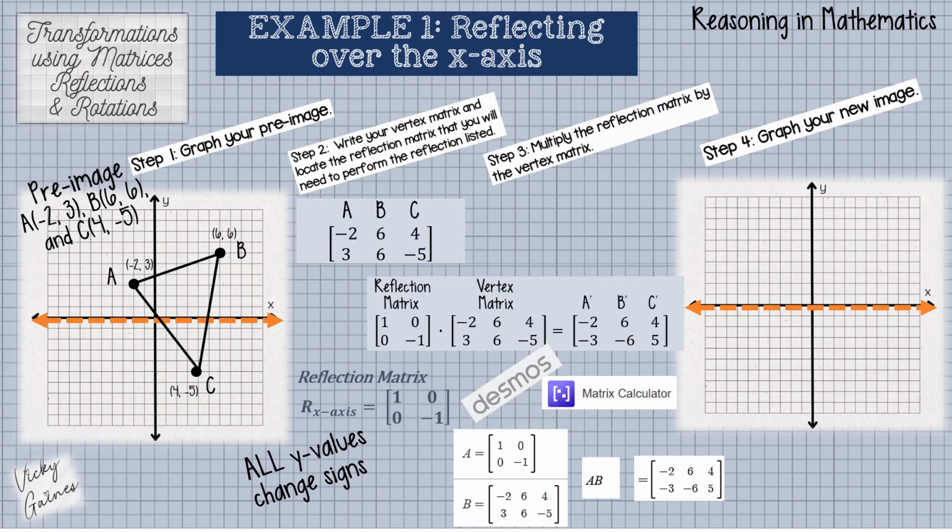So A prime is at -2, -3, B prime is at 6, -6, and C prime is at the point 4, 5. So here we go. There's A prime, B prime, C prime. Connect the points, and we have our image after reflecting our pre-image over the x-axis.